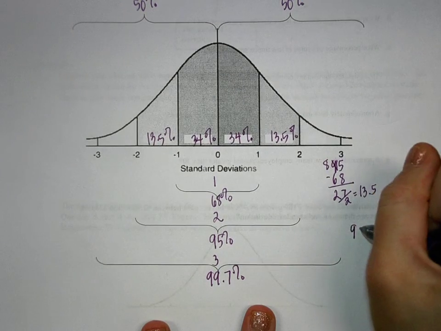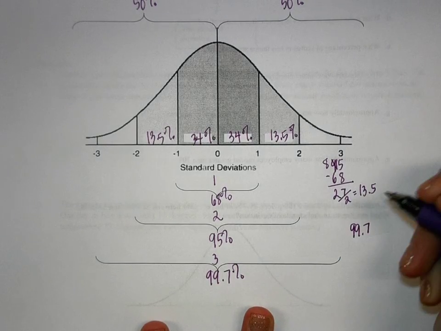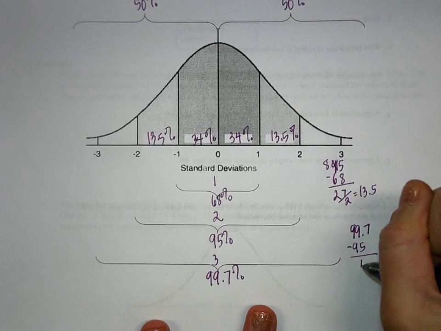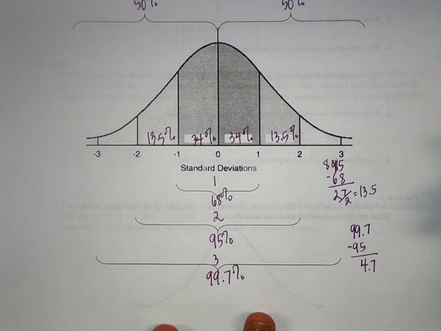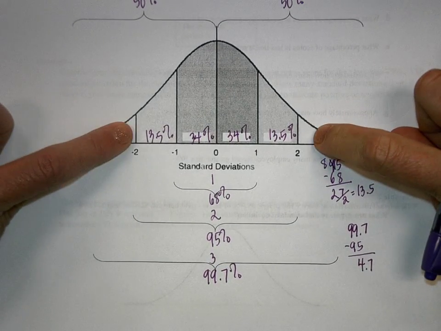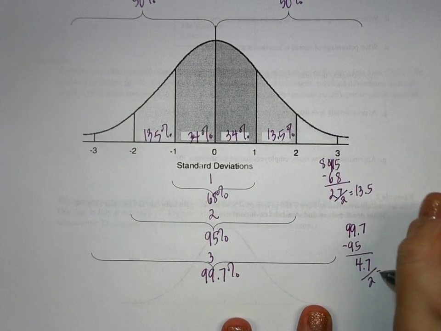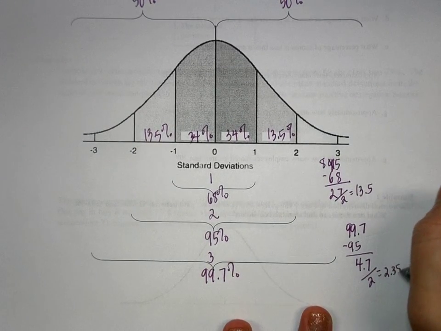Exactly. So we're going to go 99.7 minus 95, which is 4.7. And if we're splitting that up between 2 little pieces here, what do we do? Very good. Divide by 2, which is 2.35.